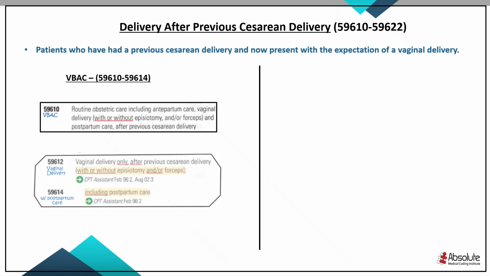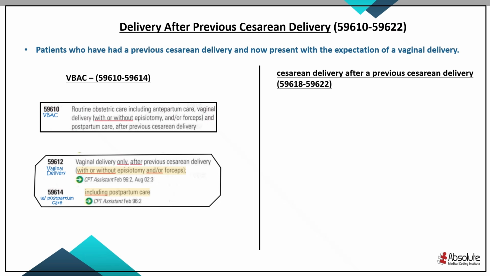And next we have CPT code 59612, which is for vaginal delivery only following a previous cesarean delivery, and 59614, that's for a vaginal delivery and postpartum care following a previous cesarean delivery. So remember, with VBAC, we focus on whether you are reporting the total package, delivery only, or delivery with postpartum.